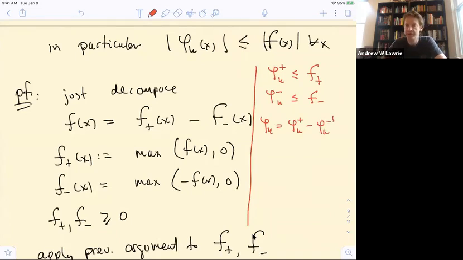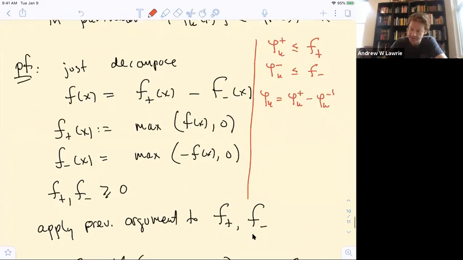So I think this is the sequence of measurable functions we'd like to take to approximate the difference of f plus and f minus. And then what do we know?